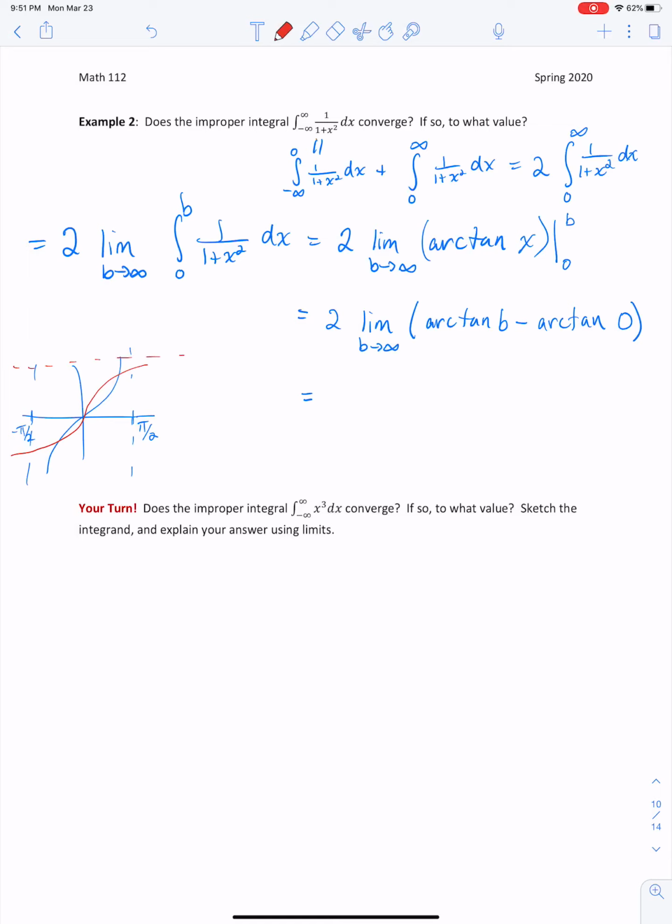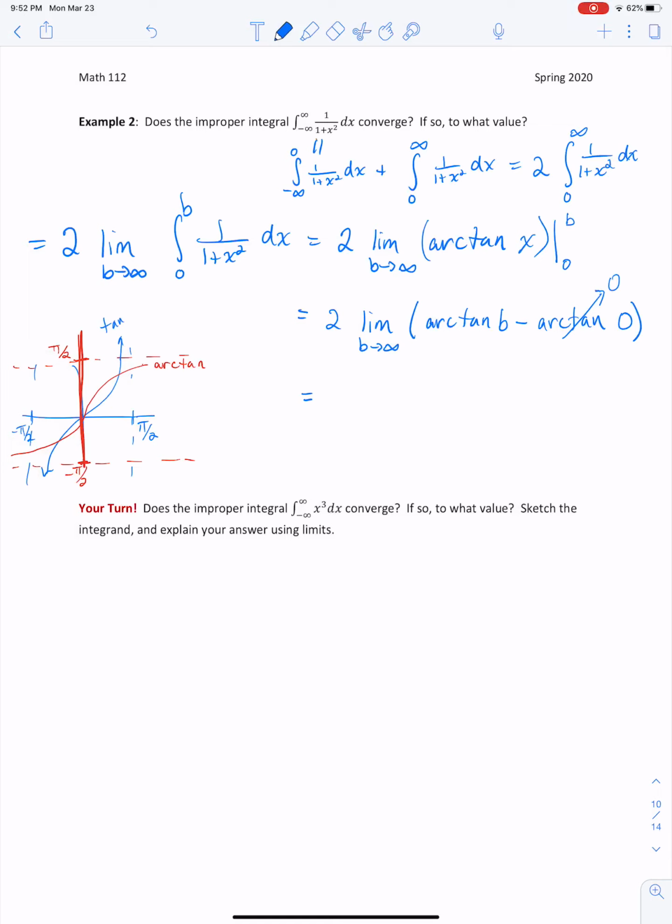This is going to have horizontal asymptotes at pi over 2 and minus pi over 2 on the y-axis. And this is the function arctangent, and the function originally in blue here is tangent. And so what we can see then is that arctangent of 0 is just equal to 0.